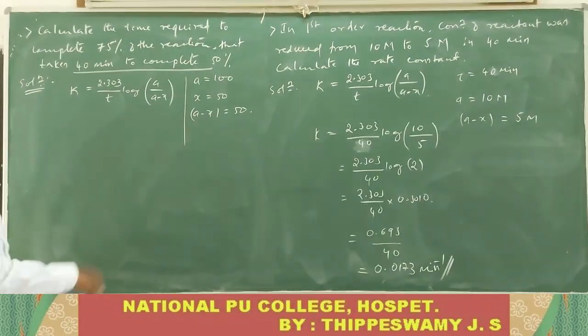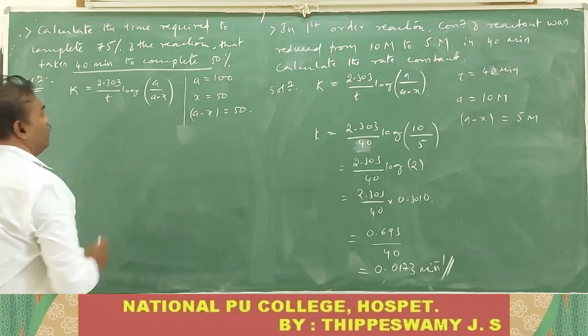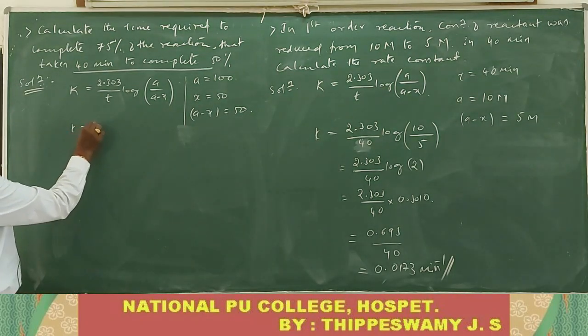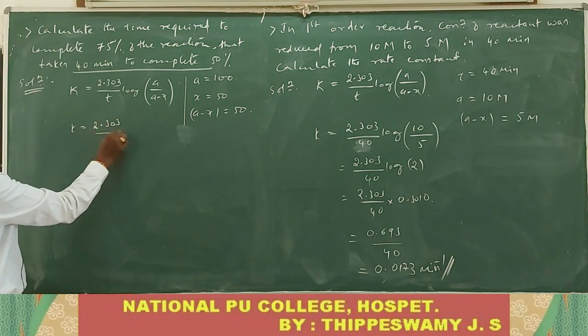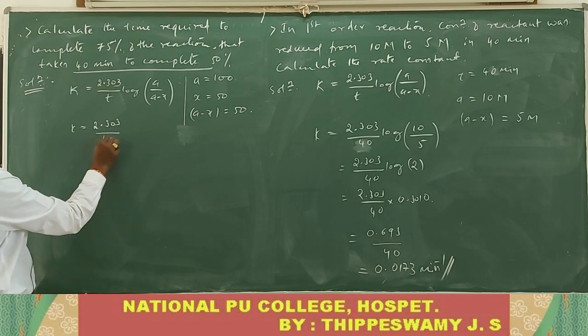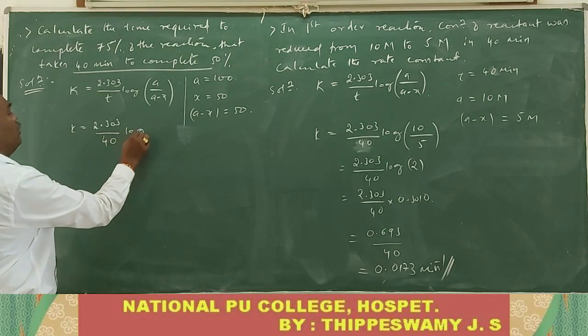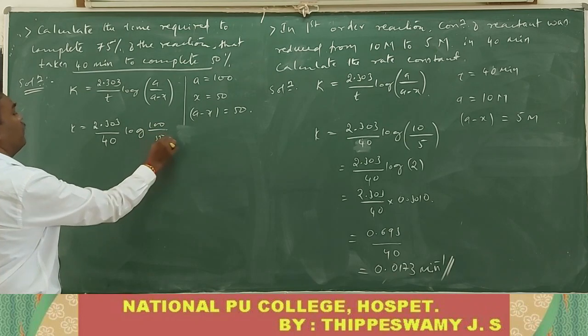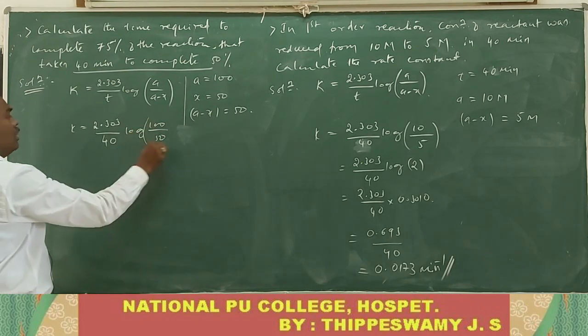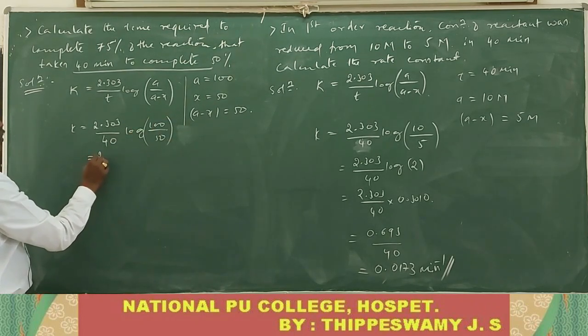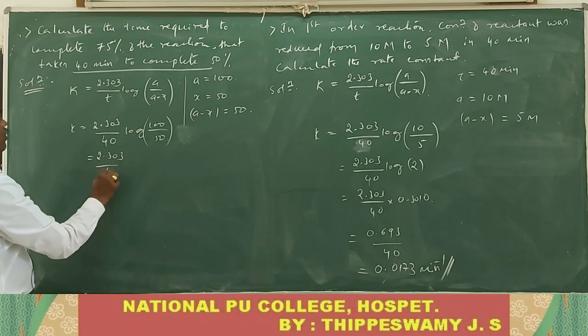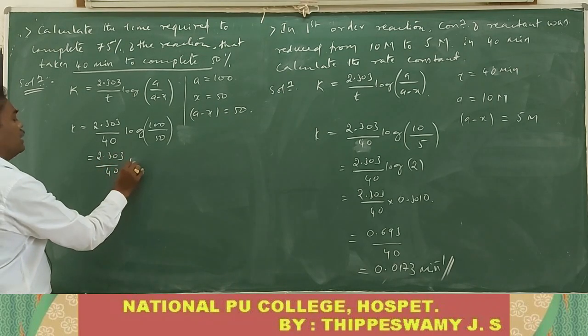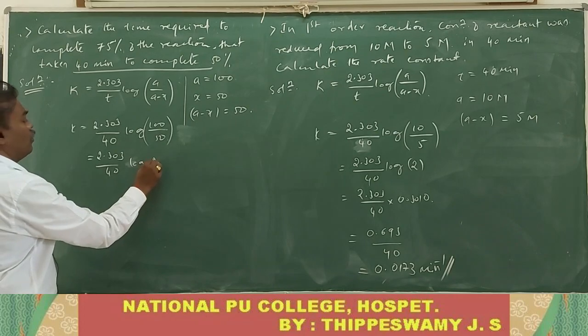Now write the value: K is equal to 2.303 divided by 40 minutes into log of 100 divided by 50 only. On simplification, we get 2.303 divided by 40 into log 2 only.